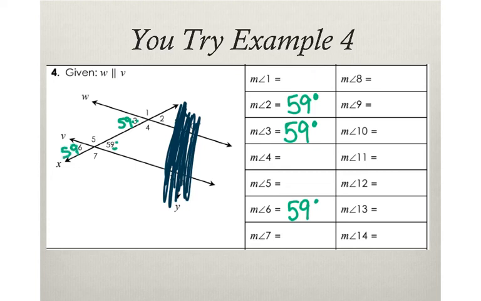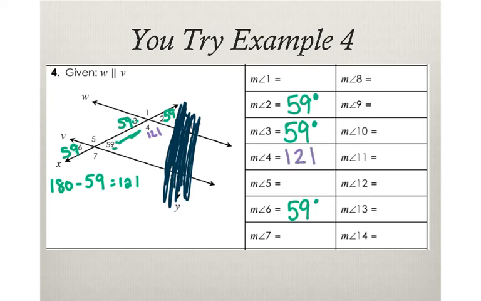Now, to figure out the other parts of that line, you're going to follow the rule of supplementary, and you can use your consecutive interior here. So all you have to do is 180 minus 59, and that gives you 121, meaning the measure of angle 4 is 121 degrees. So this is 121.